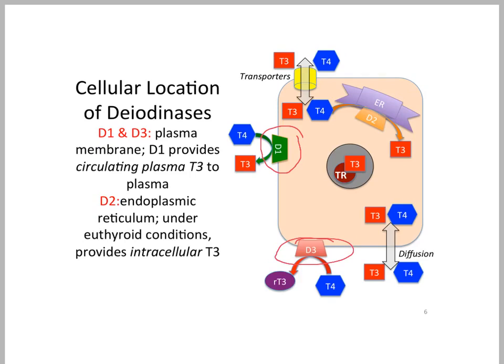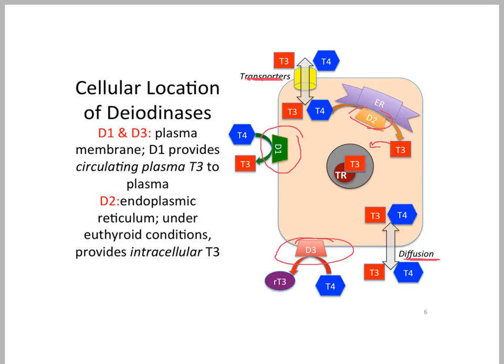T3 and T4 can get into cells by transporters, and we won't talk about that now, but there are specific transporters, depending on the tissues, for these hormones to get into the cell. Otherwise, they can enter by diffusion, as shown here in the bottom right. Within the cell, we have deiodinase 2, and I mentioned that it's mainly converting T4 to T3, and that T3 becomes intracellular T3 that then can move to the nucleus and have its action.